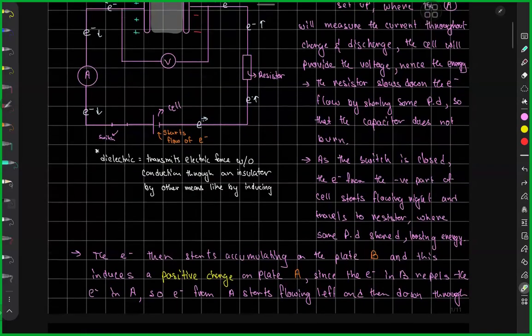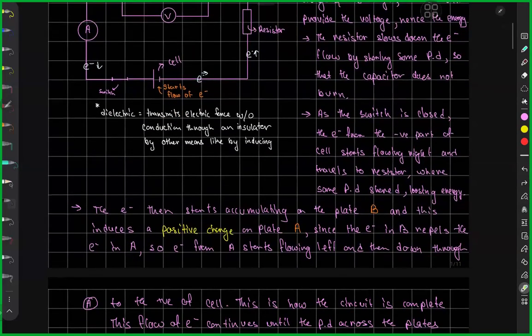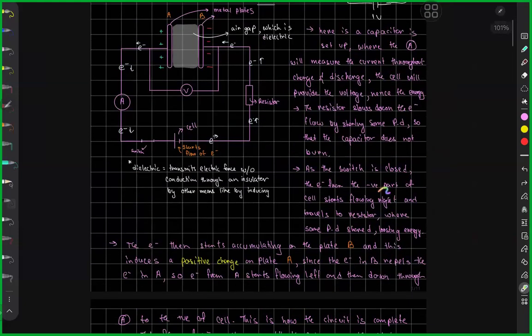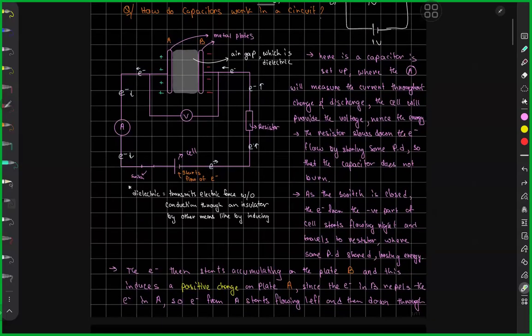Moving on with that idea, as the electrons flow from the negative part, from the right hand side, that is, the left side, some PD will be shared with the resistor. That is to say, some energy will be lost as the electrons pass through the resistor. And then they will end up accumulating on plate B.